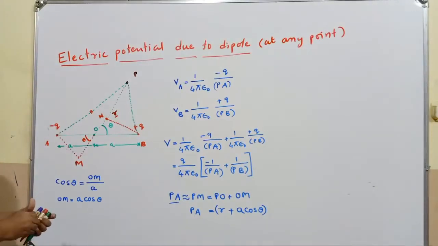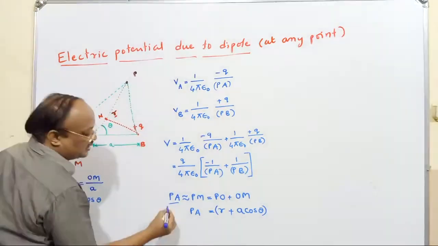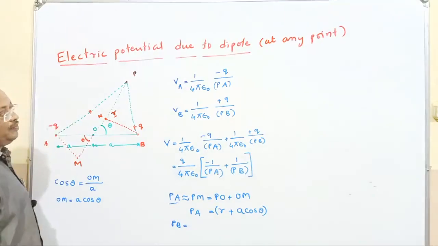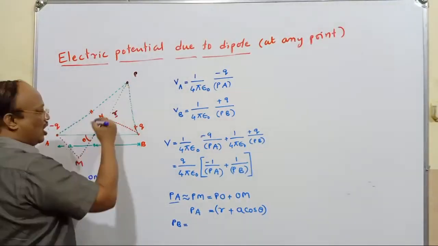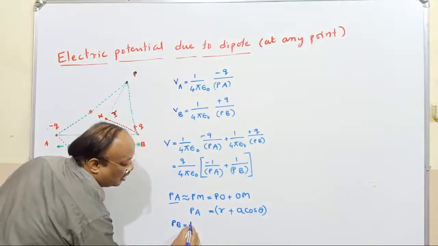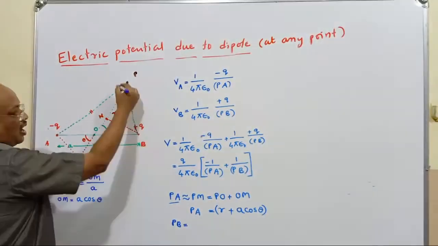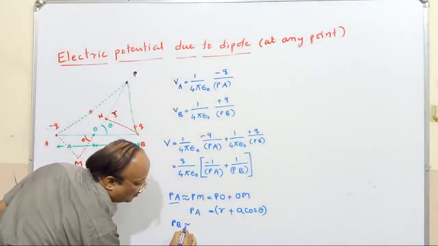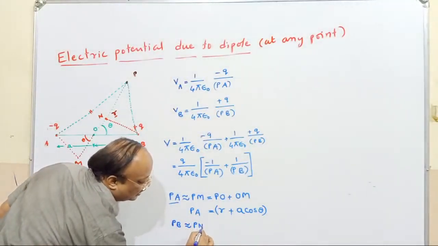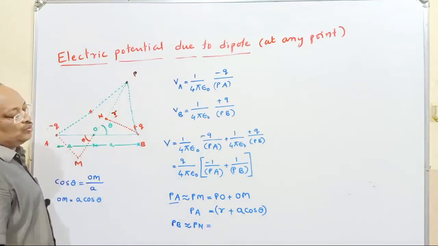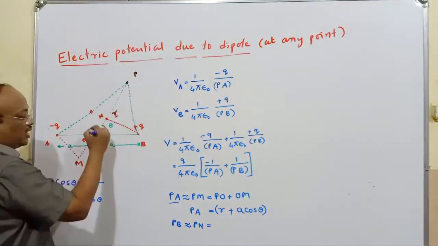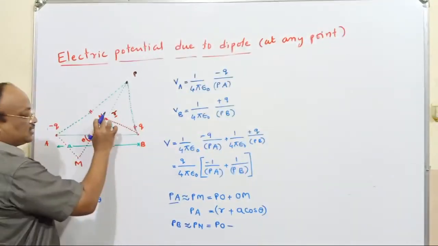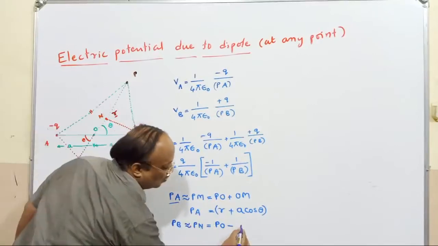So PB is approximately equal to PN, and that is equal to the total length PO minus this ON.